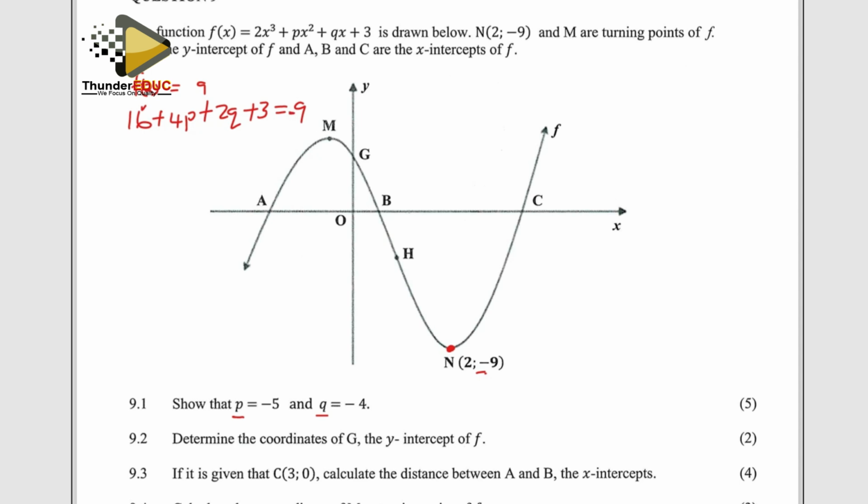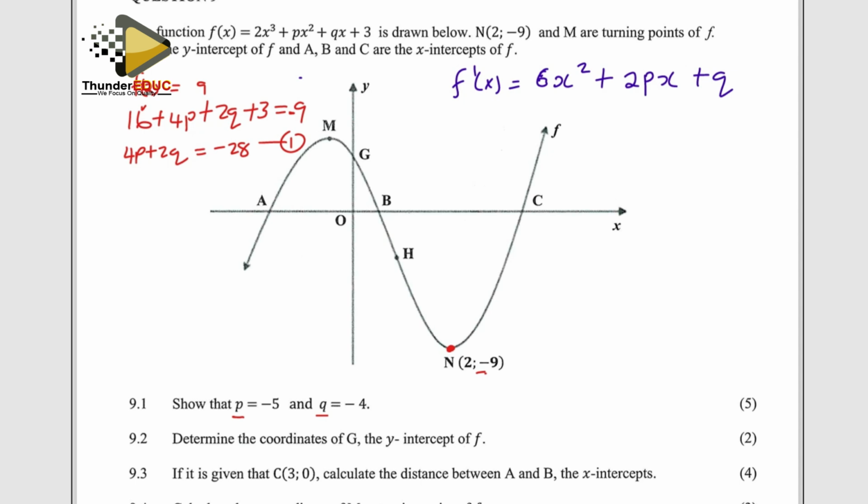Okay, 16 plus 3 is 19, so 4p plus 2q, I need to move it that side, it's going to give me negative 28. Let me take that to be my first equation. Then let me get the first derivative. Okay, f prime of x is going to be 6x squared plus 2px plus just a q.